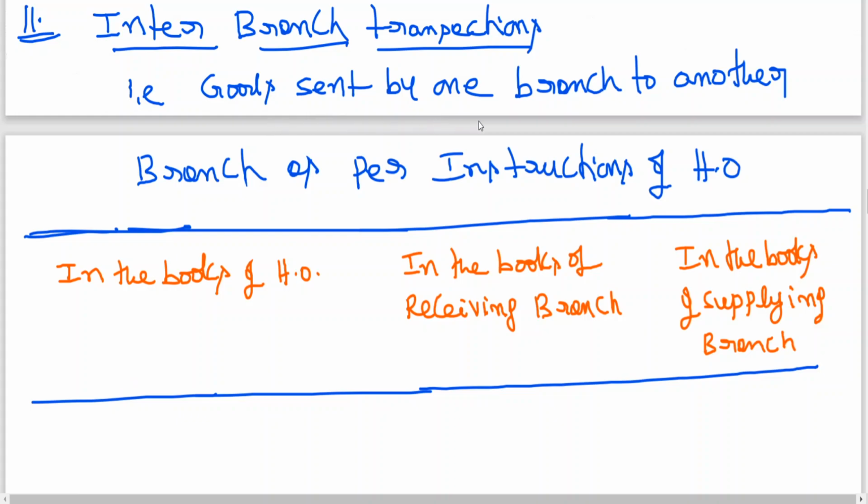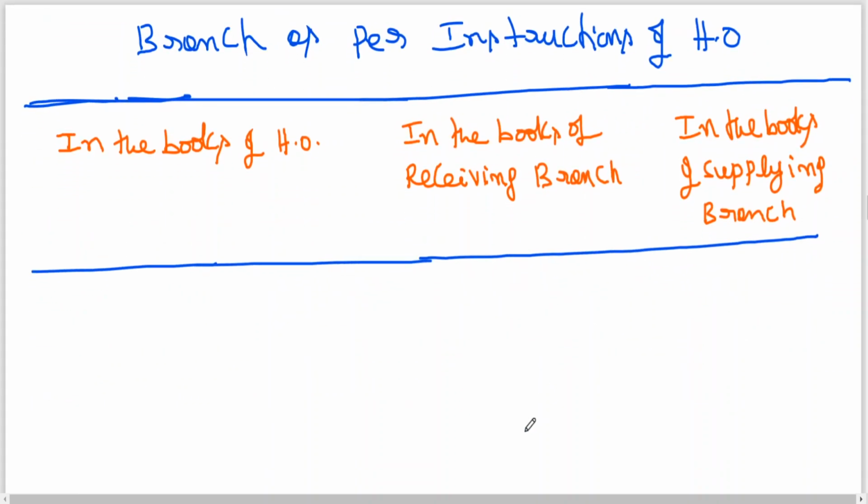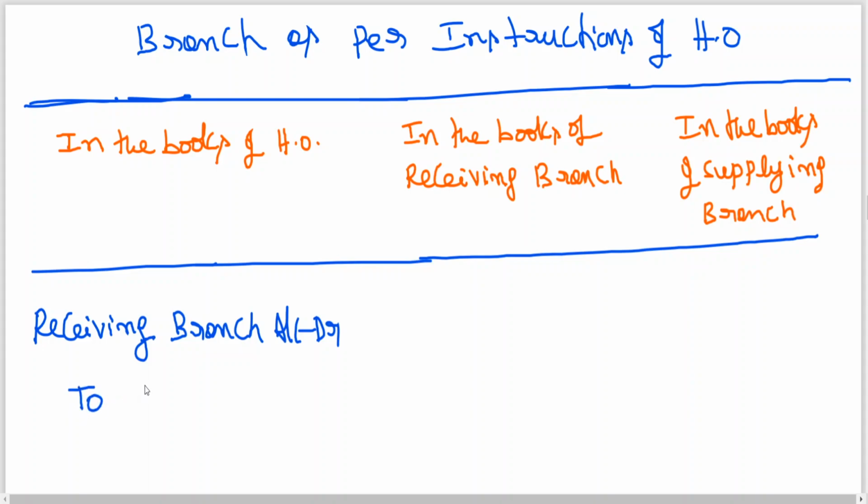For goods sent by one branch to another branch, in the books of head office, they will be debiting receiving branch account, to supplying branch.